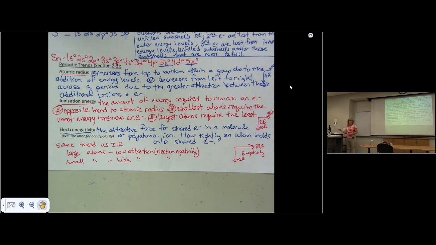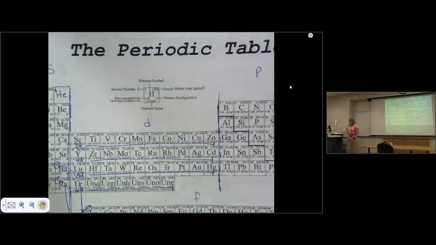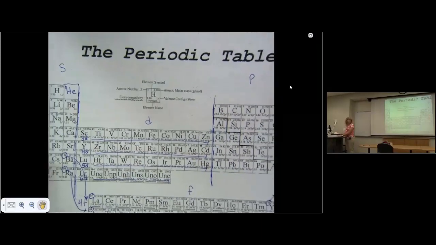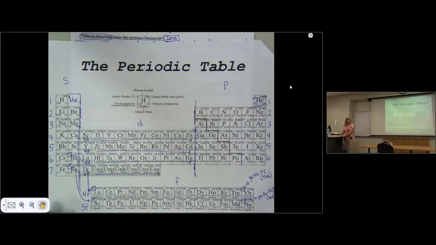But the beauty of it all is, look at your periodic table. Look at the legend at the top of your periodic table. What do you see? Electronegativity. It's all there. For every atom on the entire periodic table, it's right here on your periodic table. What's the electronegativity value for fluorine? 3.98.